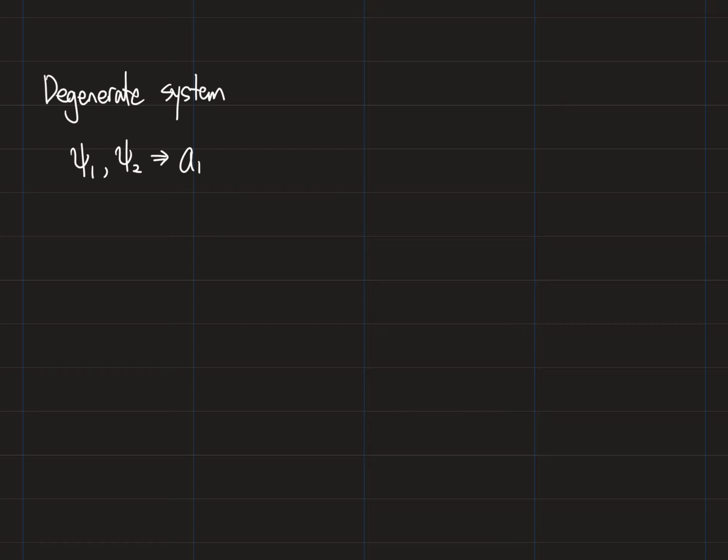In this case, if you remember the derivation to show that eigenfunctions of a Hermitian operator are orthogonal, it relies on something like this, right? Because now they both correspond to the same eigenvalue, the expression should be like this.